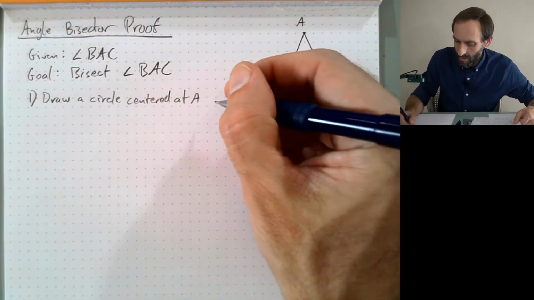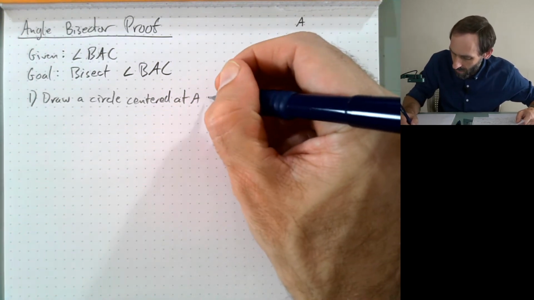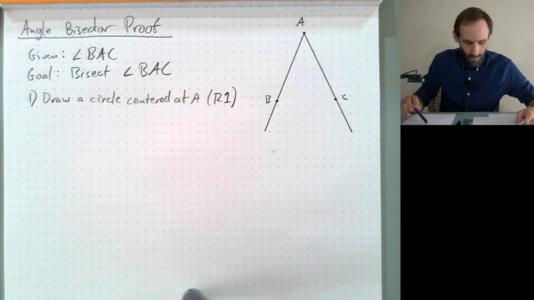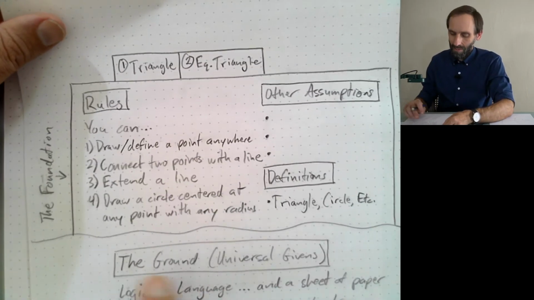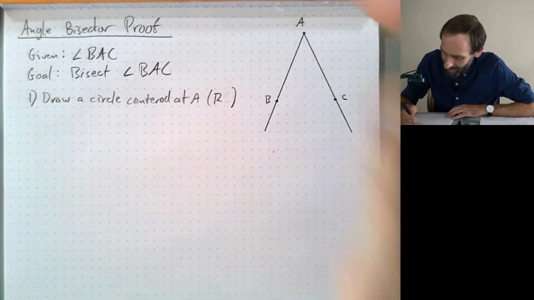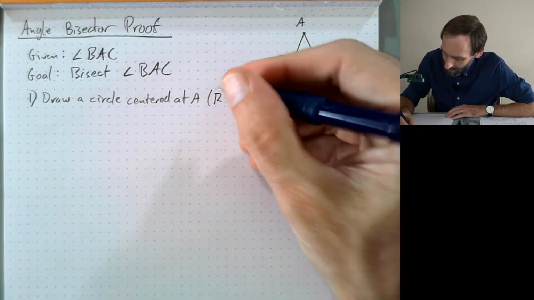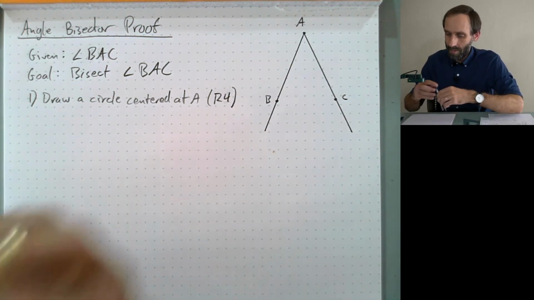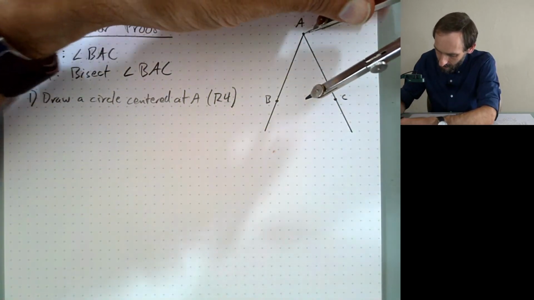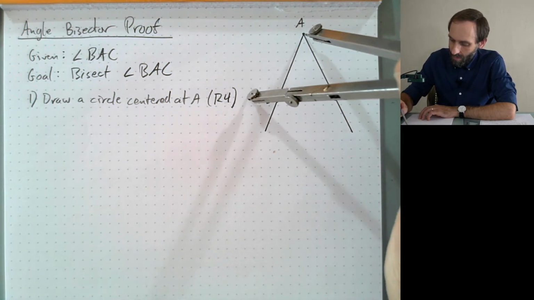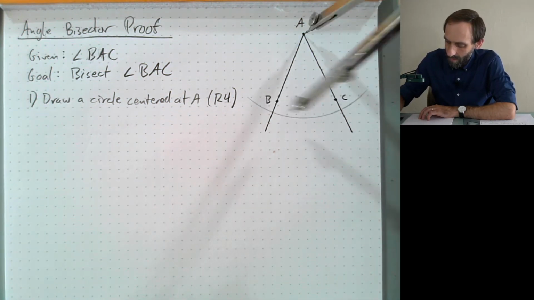So my justification here for drawing a circle centered at A is rule 1. I'm just going to abbreviate this as R. Oh, no, sorry. It's not rule 1, it's rule 4. Let me correct that. So R4. And let's go ahead and do it. So I'm going to center the compass at A. And I won't draw the entire circle, but there you go.